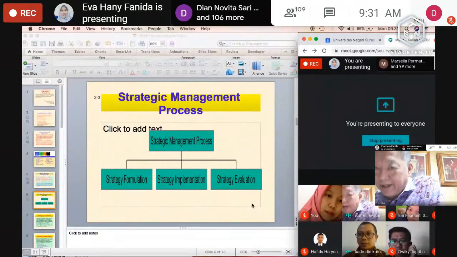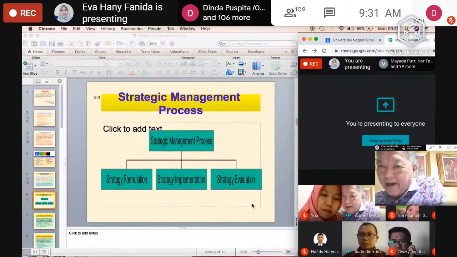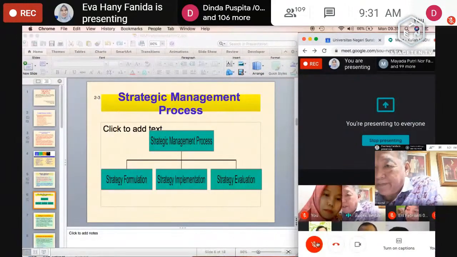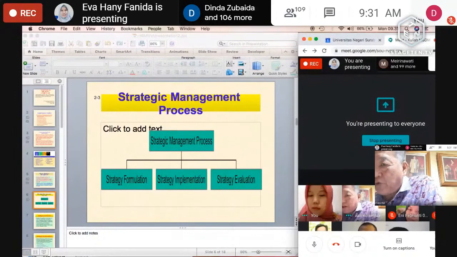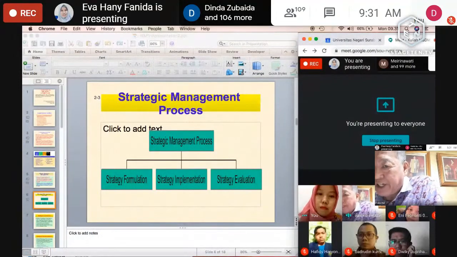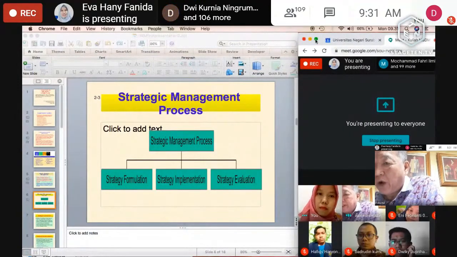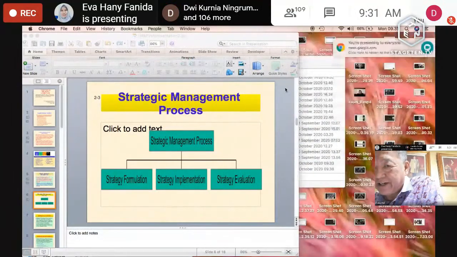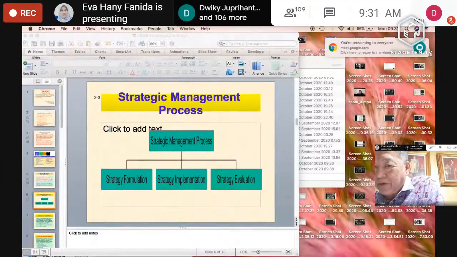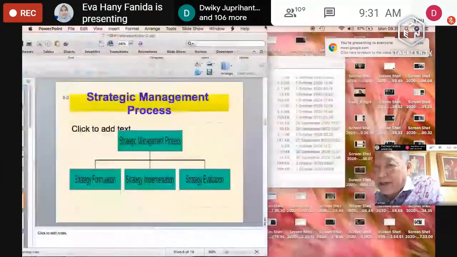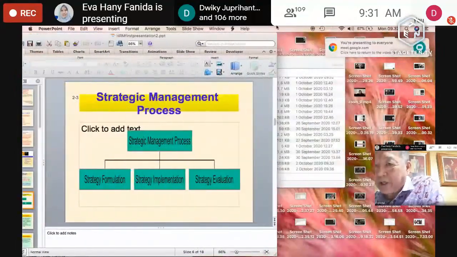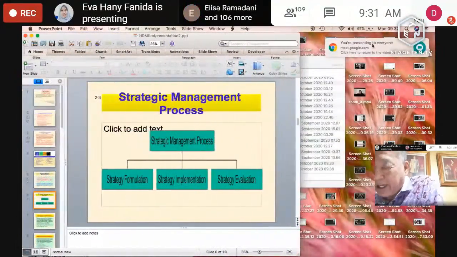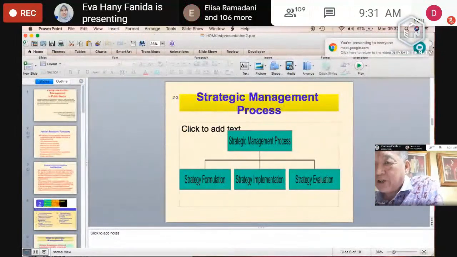That is correct. And when we talk about the strategic management process, we are talking about the whole functions of the organization to reach the goal of the organization. So when we talk about strategic management, we talk about how to manage the organization to reach the goal.